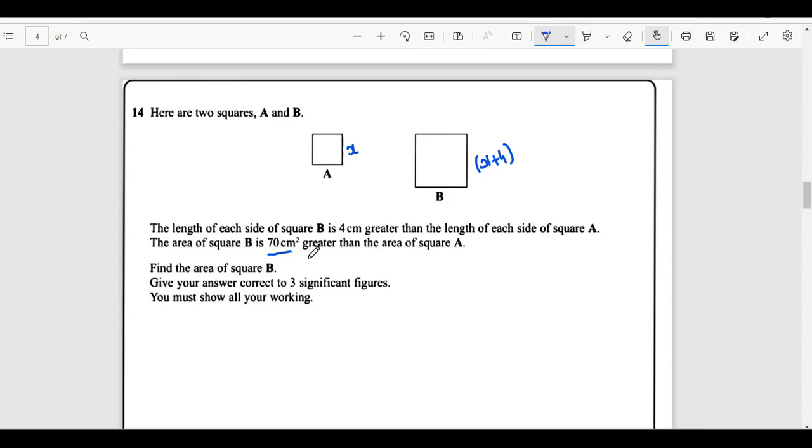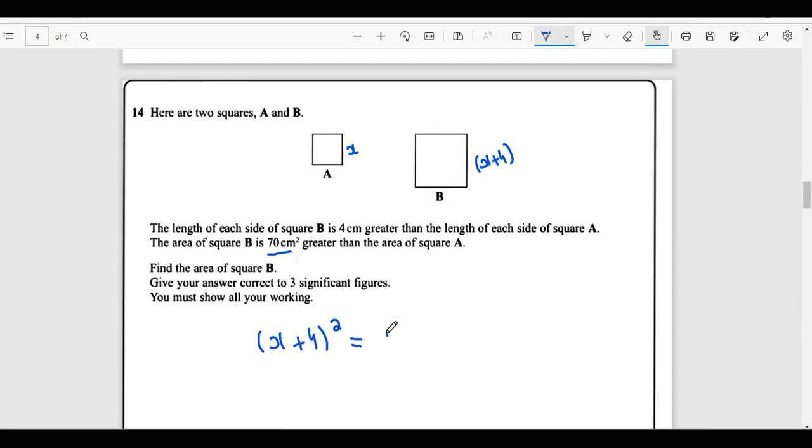So we are interested in finding out the area of the square B. If one side is x plus 4, then x plus 4 squared equals the area, right? What is the other information? It says the area of square B is 70 centimeters squared greater than the area of square A. What would be the area of square A?